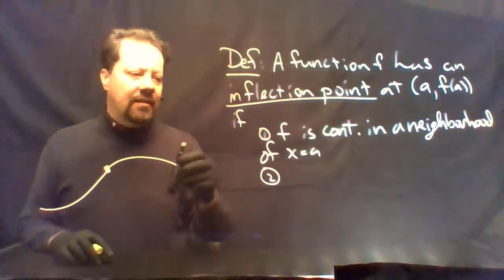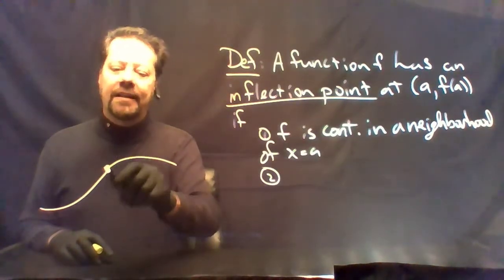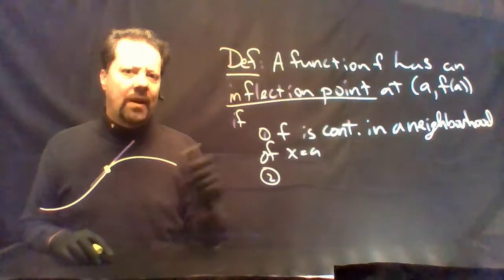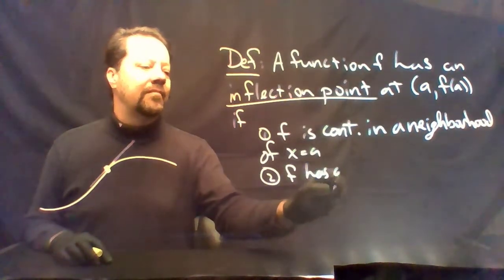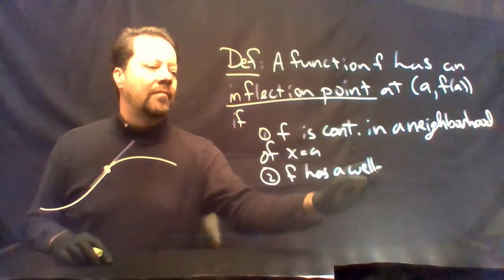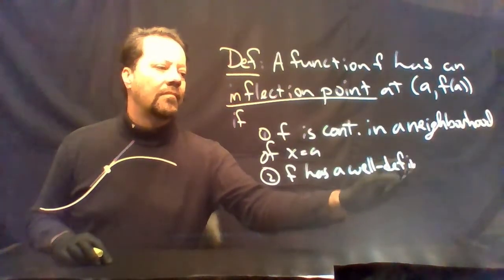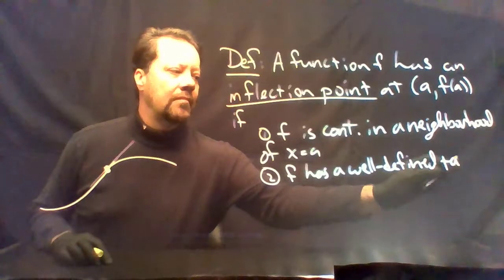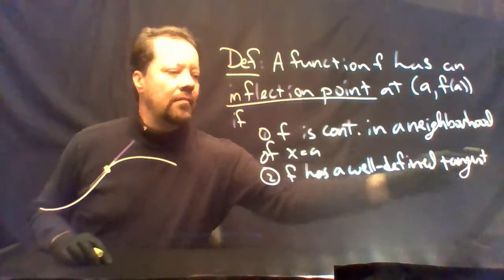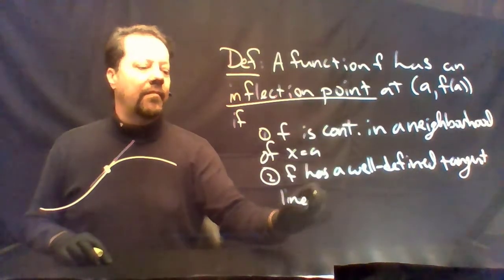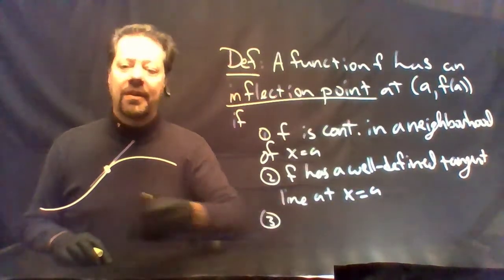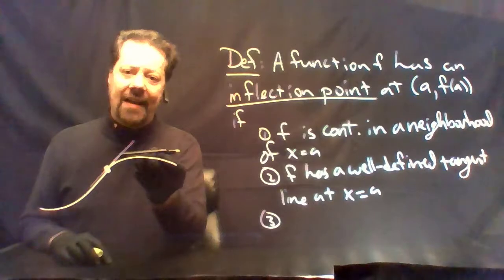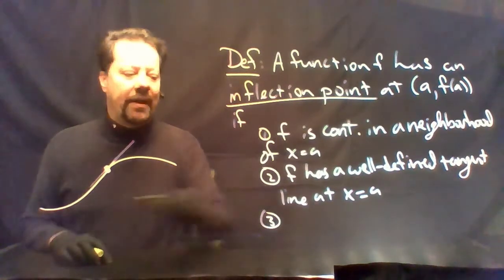Second, you have to have a well-defined tangent line, one and only one tangent line. And of course, you have to actually change concavity as you cross that point.